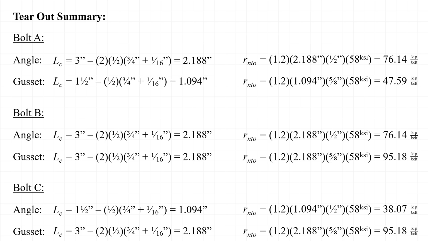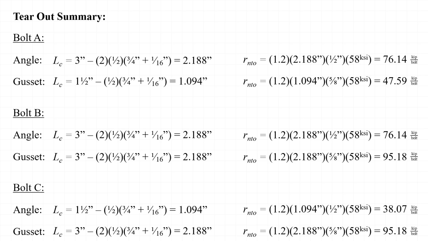The nominal tear-out strengths of the base material for each of the two components around each of the bolts are shown here on this slide, along with the clear distances. For bolted joints with regularly spaced bolts, it often works out that there are 6 different values of strength to be considered. There is typically a first row of bolts, one or more interior rows of bolts, and a last row of bolts.